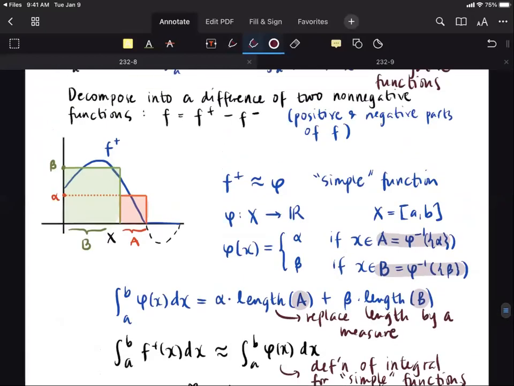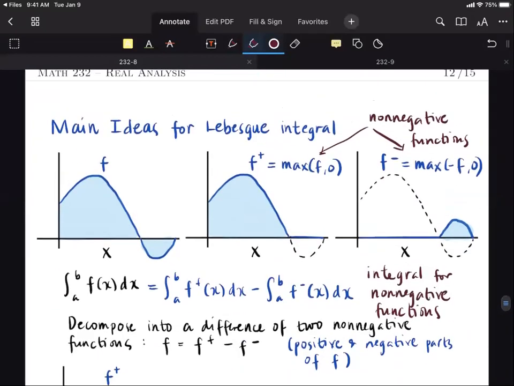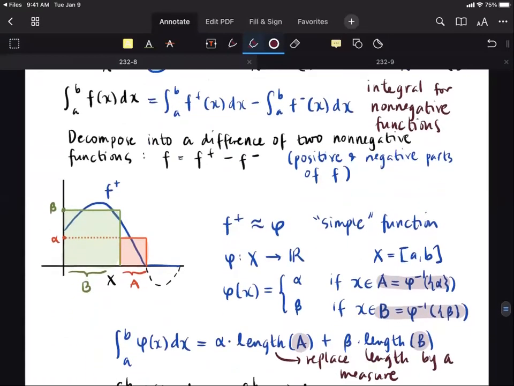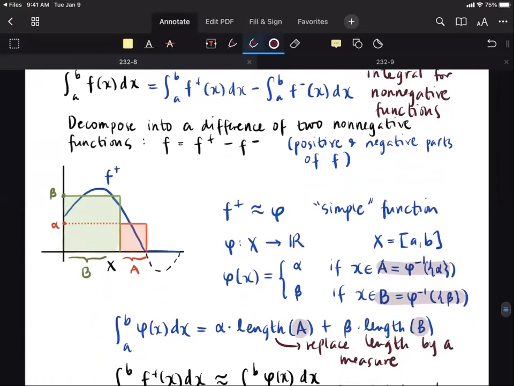So again, here are the main ideas for the construction of the Lebesgue integral. First, decompose your function as a difference of two non-negative functions, namely the positive part and the negative part of f. And for this, one requires the definition of the integral for non-negative functions. Taking into account the positive part, first you can approximate this by what we call a simple function.